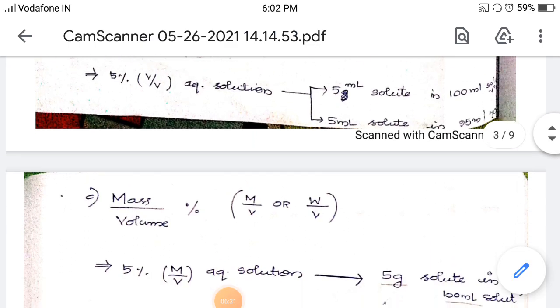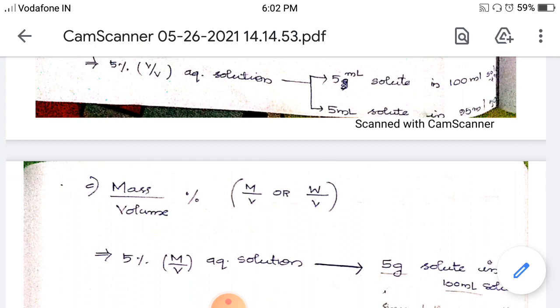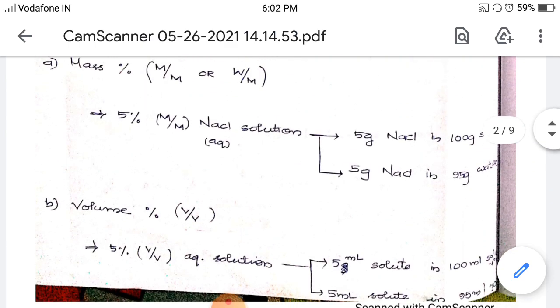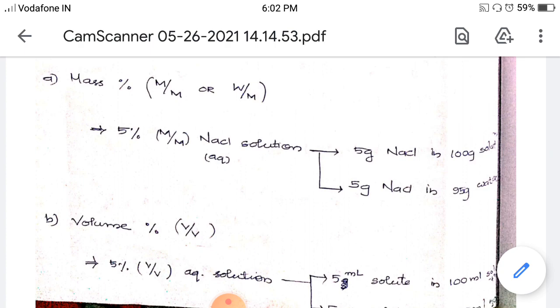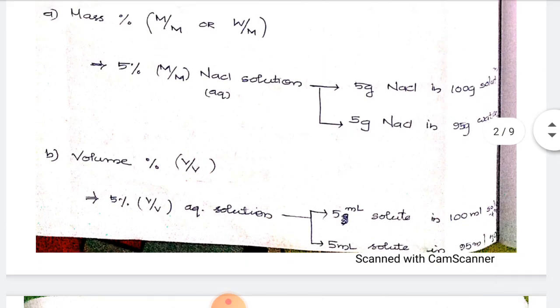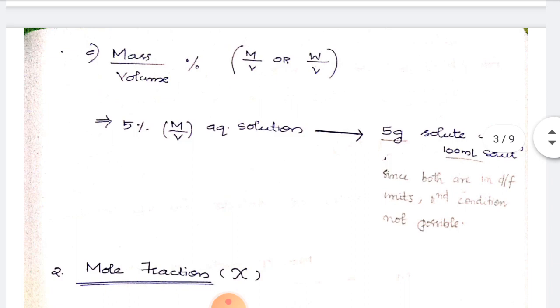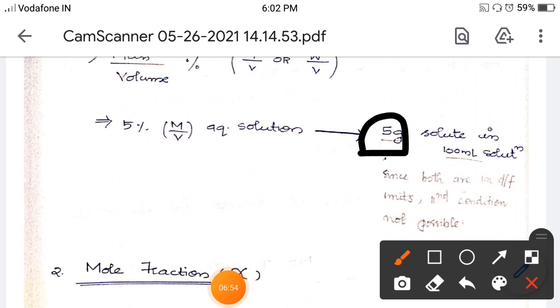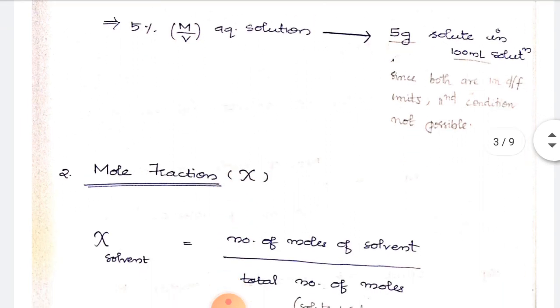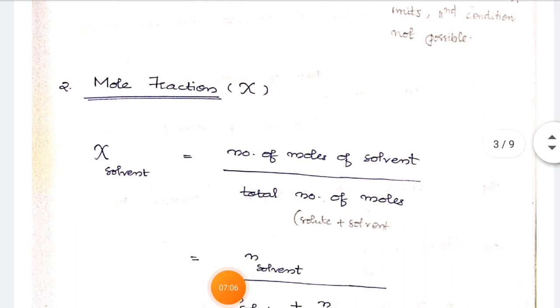In the case of volume percentage and mass percentage we expressed it in terms of solvent also, but that is not allowed in the case of mass by volume percentage because these two are expressed in different units.